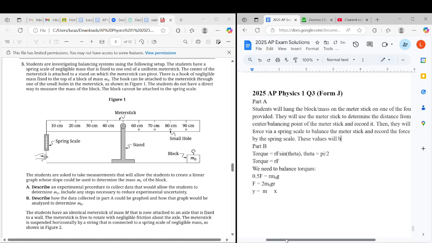These values will be combined to make a data point.